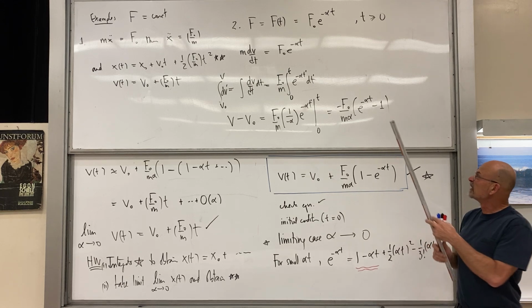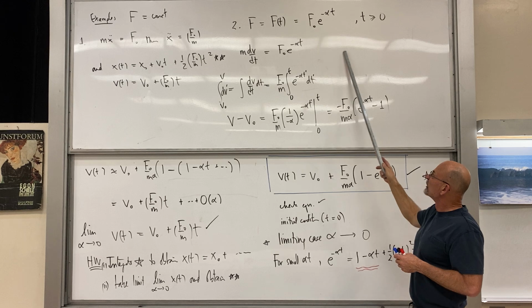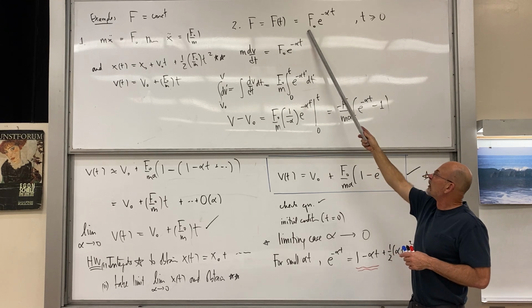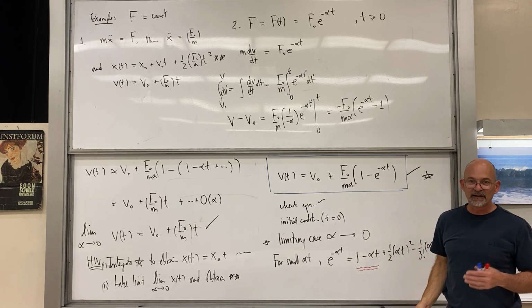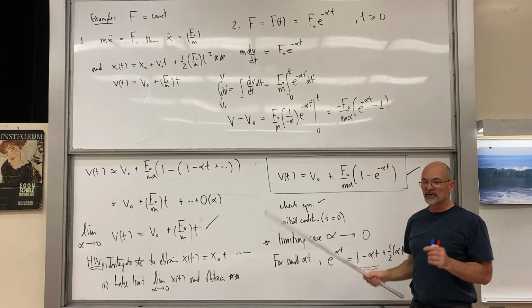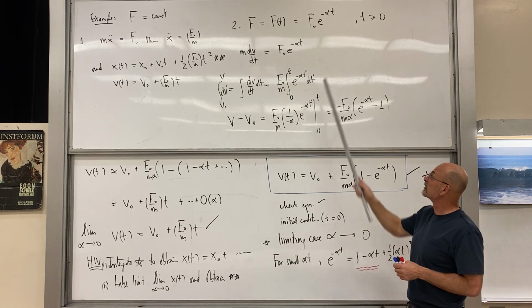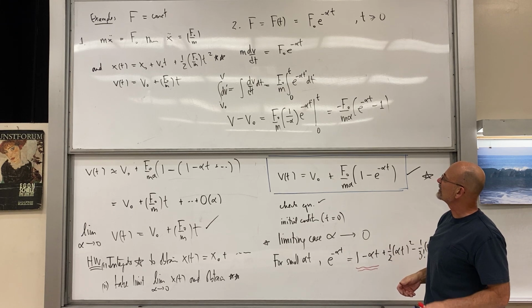The reason is for sufficiently large alpha, this exponential decreases so rapidly that this force in essence never existed. It had some finite value for some infinitesimal time. It's not enough to get anything done. So that's actually an interesting limiting case as well.